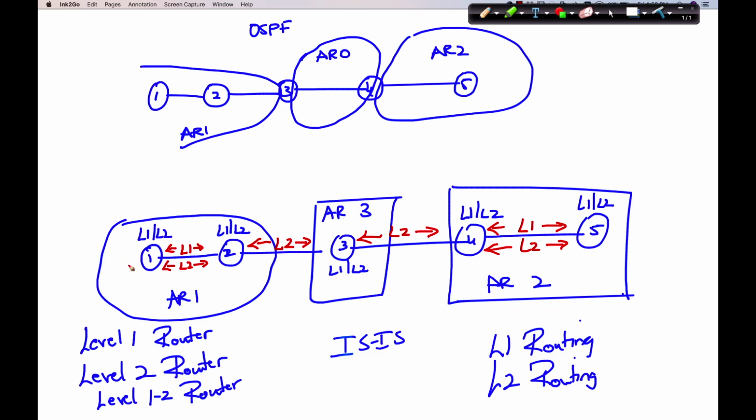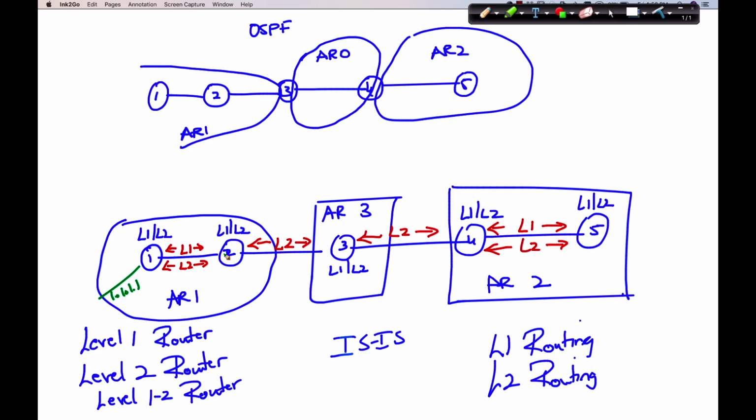Let's assume that router 1 has a loopback, 1.1.1.1, which he is advertising in ISIS. When R1 gives the routes to R2, R2 is maintaining two databases, a level 1 database and a level 2 database.